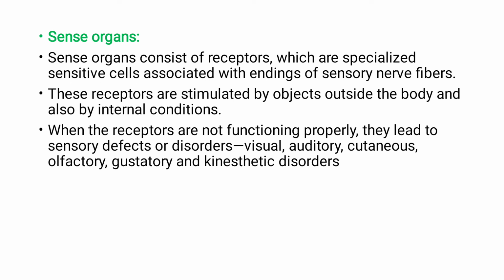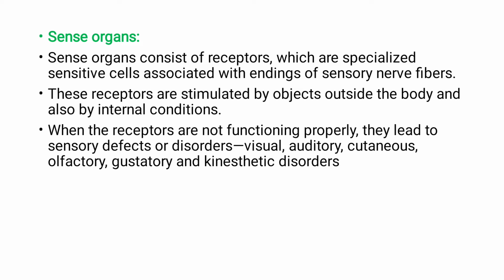So the sense organs consist of receptors, which have sensory nerve fiber endings. These receptors are stimulated by objects outside the body and also by internal conditions inside the body.